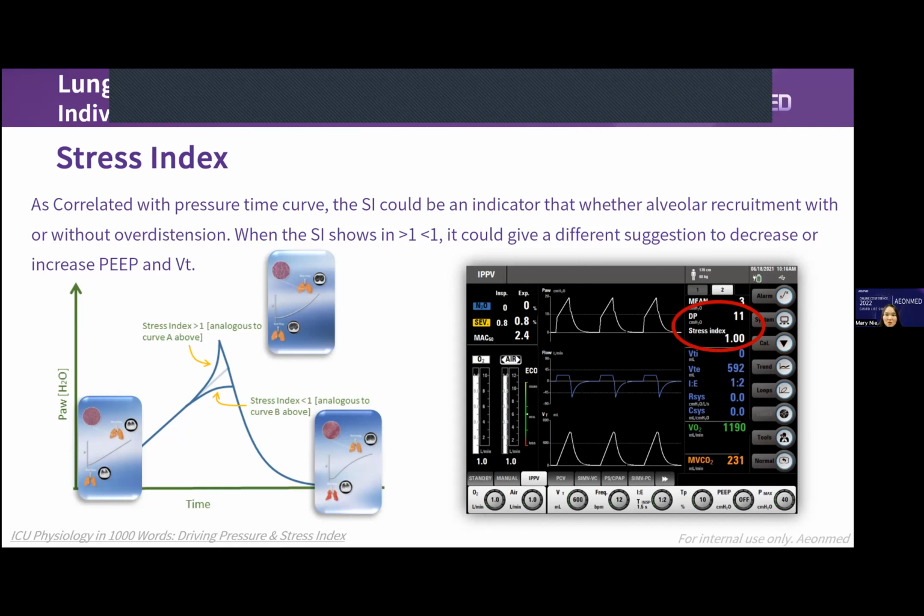And this one is just to see whether my patient's breath has alveoli recruitment with or without over distension.